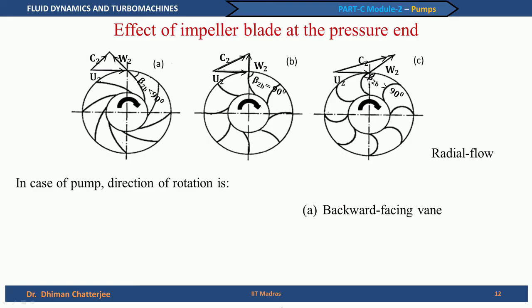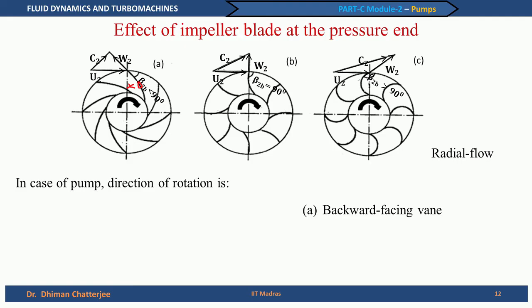If you are standing here and the center of curvature is here, you are looking against the direction of rotation, so you are looking backward to see the center of the curvature of the blades.